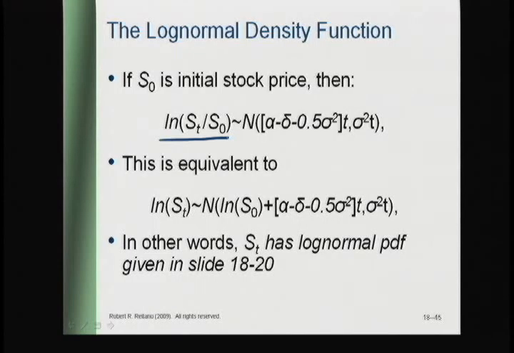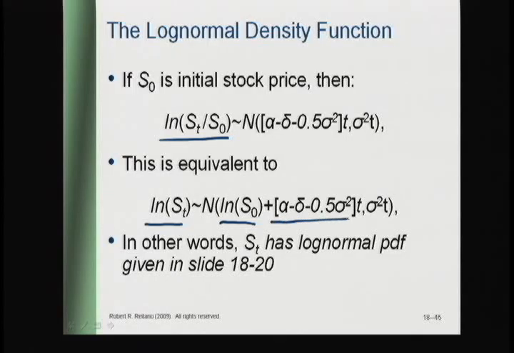So by taking the log of the ratio as a difference of logs, I can add the log of S0 to the right-hand side, and I'm shifting the mean. What it's saying is that the log of ST is normally distributed. The log of prices at time t has a normal distribution with a shifted mean. Namely, it reflects the log of the initial price.